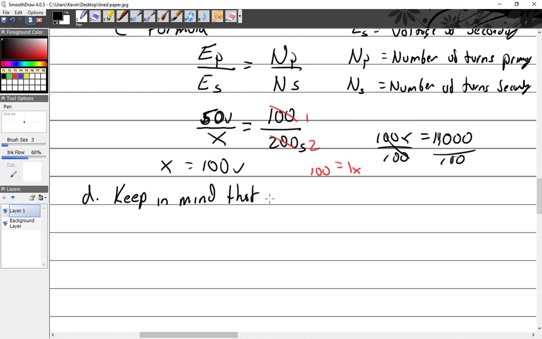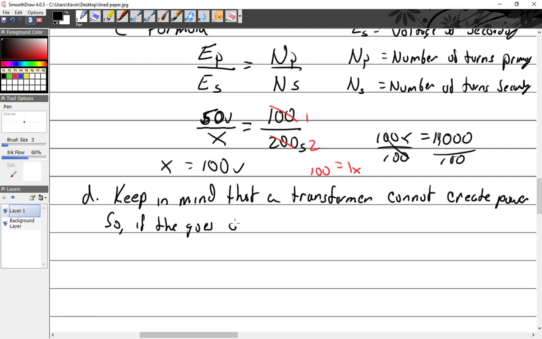Keep in mind that a transformer cannot create power. So if the voltage goes up, what was the formula for power? P equals I times E. If the voltage goes up, and you can't create power, what does the current have to do?